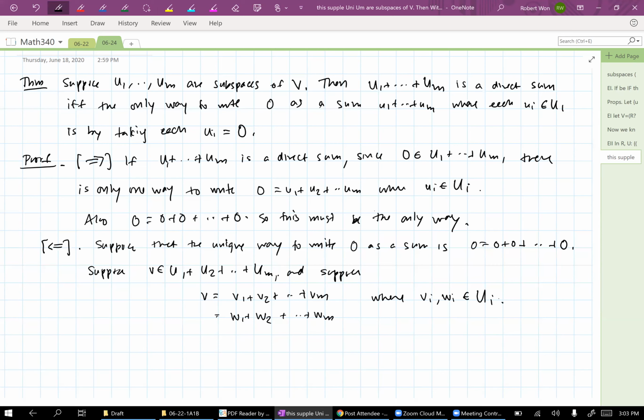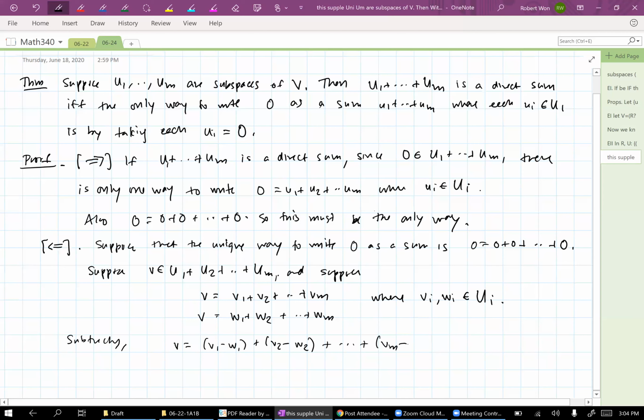I need to show that these two ways of writing v are actually the same. What am I allowed to assume? I'm allowed to assume that 0 has a unique way of being written as a sum. So what can I do here? Well, the natural thing to do is to subtract these two equations, right? v is both of these things. So subtracting, we have that 0 is actually v1 minus w1 plus v2 minus w2 plus up to vm minus wm. Sorry, not v minus v.